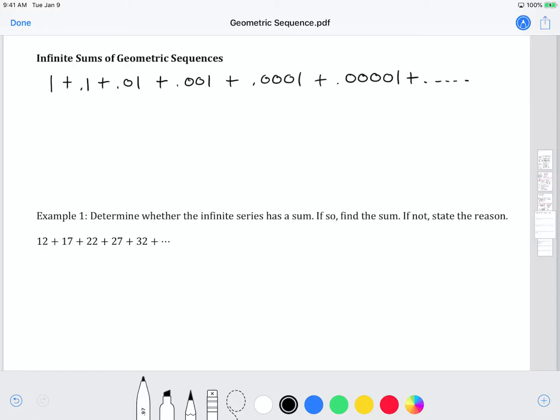So when you have a geometric series and you want to add the entire sequence, there are certain conditions in which you can do that. If the series converges, that means your value of r is between -1 and 1. And you can only add the sequence and have the infinite sum and actually get an answer if your value of r is between -1 and 1.